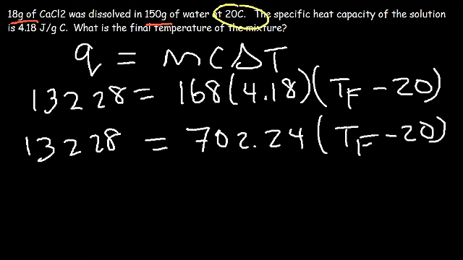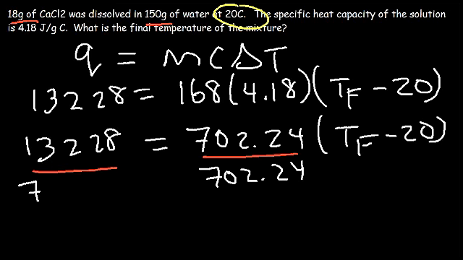Next, let's divide both sides by 702.24. So 13,228 divided by 702.24, that's equal to 18.84.